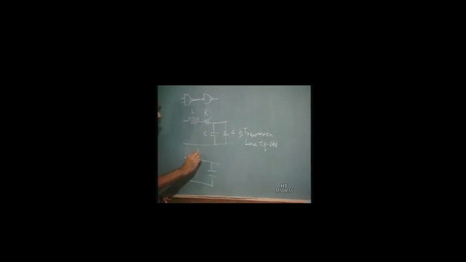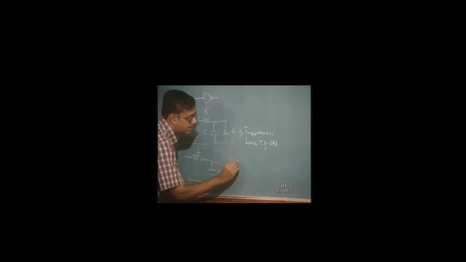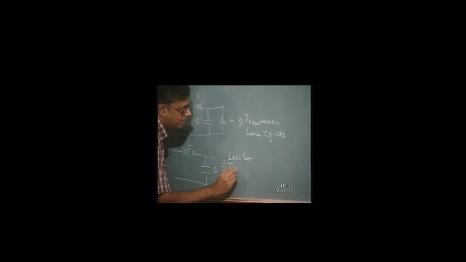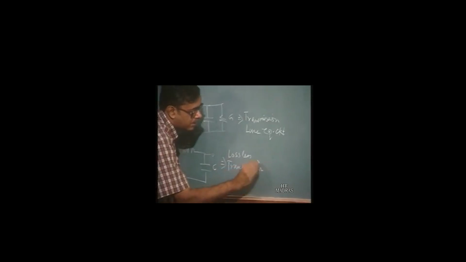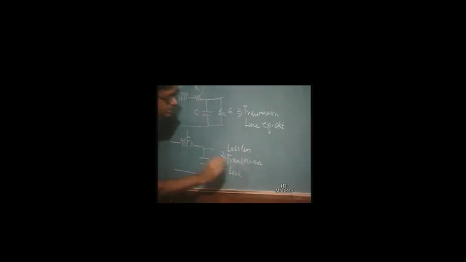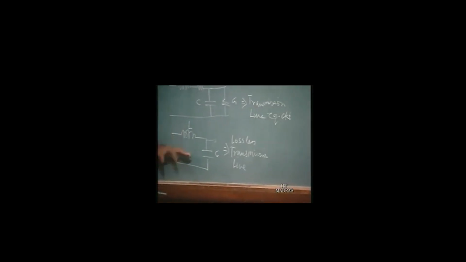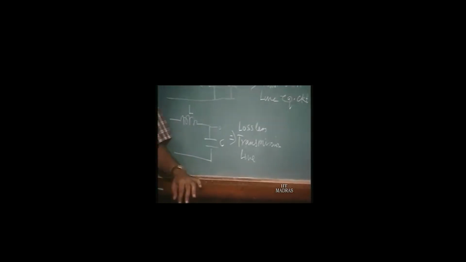This is L, this is C, and this is called a lossless transmission line. So we shall first take up the effect of this lossless transmission line on the performance of the integrated circuit, and then we shall consider the effects of, for example, the resistance on the line subsequently.